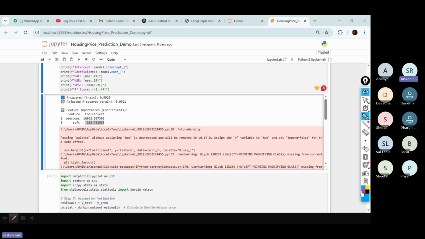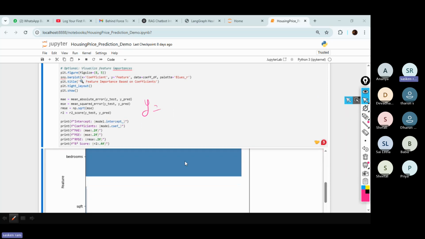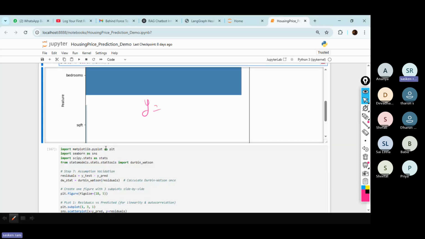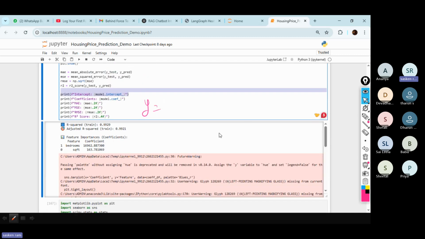The only thing is you should know what exactly this means. So your y is equivalent to simply plugging in these values. The intercept is not there here, but we can also print the intercept. Let me show you, I'll just put it here.